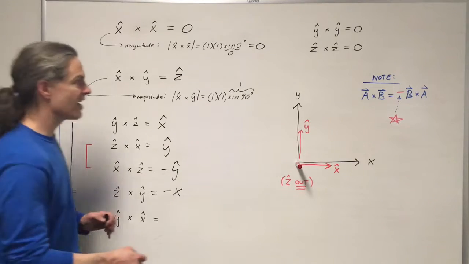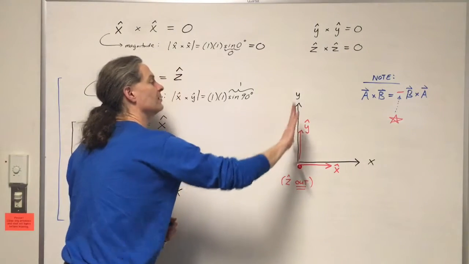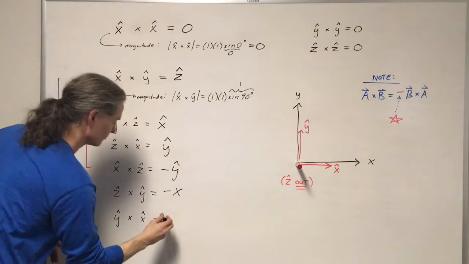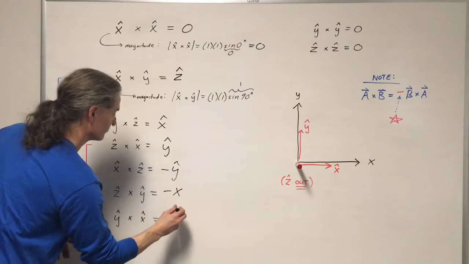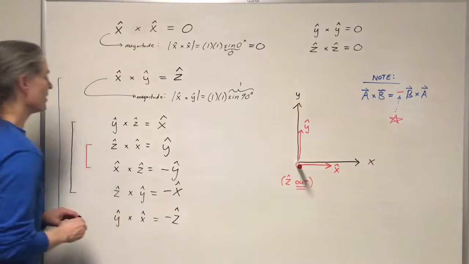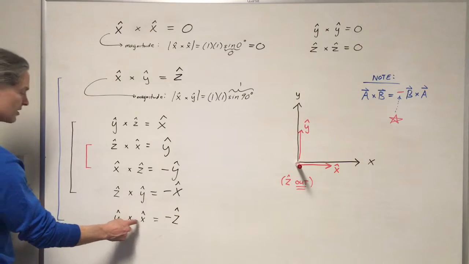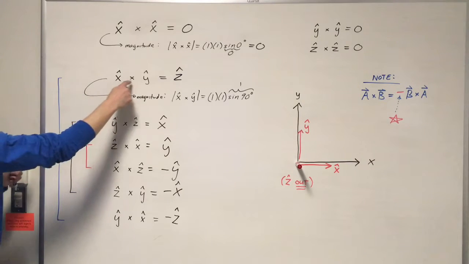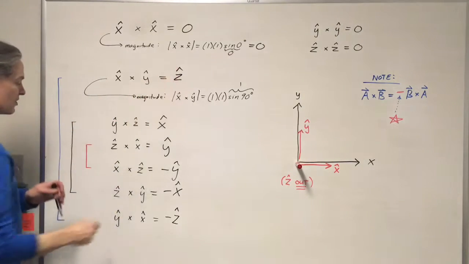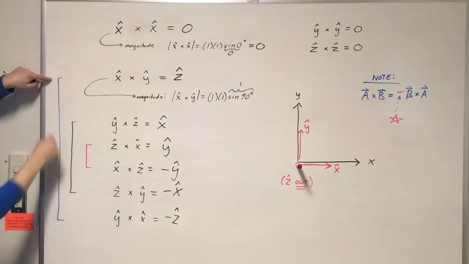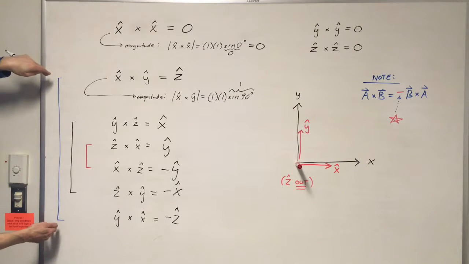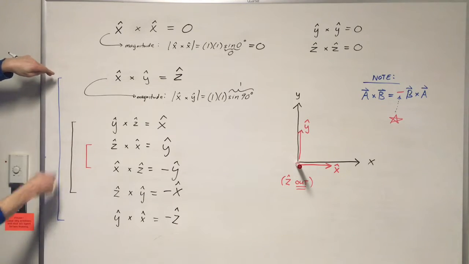Y hat cross x hat gives me minus z hat. Better check this one as well. Y hat cross x hat gives me minus z hat. Compare that up here. X hat cross y hat gave me positive z hat. So I've got the pairs that are opposites of each other denoted with these little blue, black, and red braces.